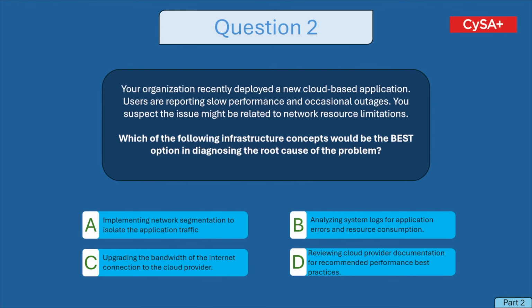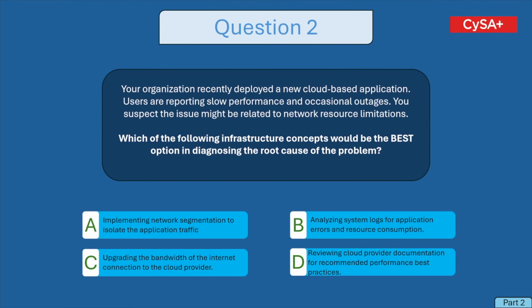A. Implementing network segmentation to isolate the application traffic. B. Analyzing system logs for application errors and resource consumption. C. Upgrading the bandwidth of the internet connection to the cloud provider. Or D. Reviewing cloud provider documentation for recommended performance best practices.